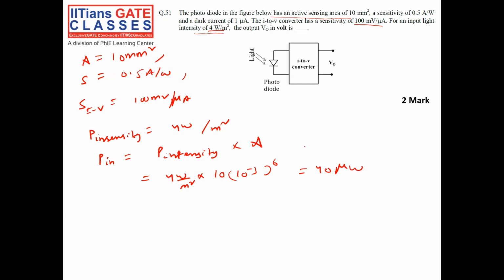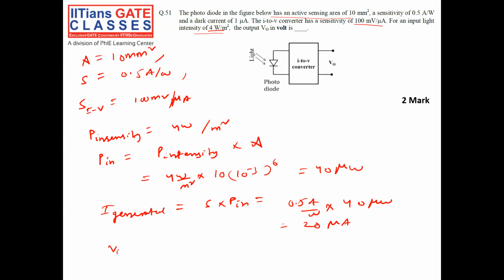Then what is the current due to the light? The current generated is equal to the photosensitivity into the power input. So 0.5 ampere per watt into 40 microwatt, so I got 20 microampere, right?